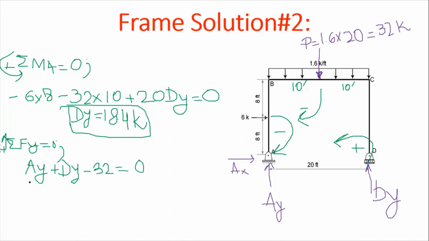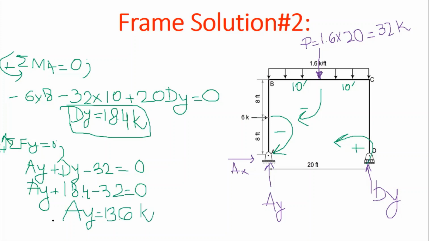Now we put the value of DY here so we will get AY: 18.4 minus 32 equals 0. So 18.4 minus 32 is coming out to be 13.6. So AY will become positive 13.6 kips. So this is the way to calculate AY.